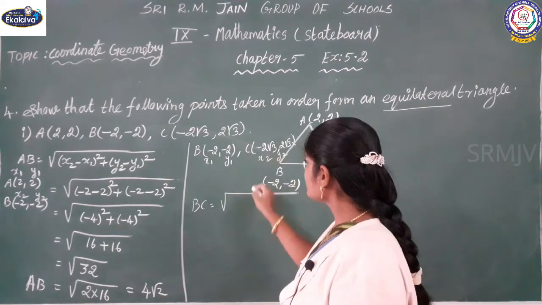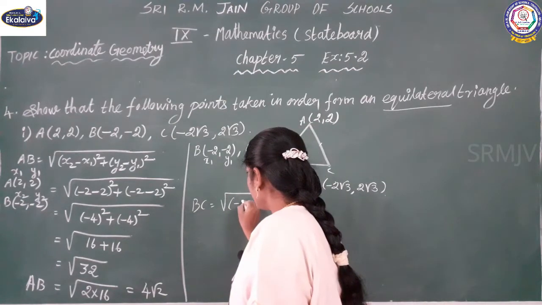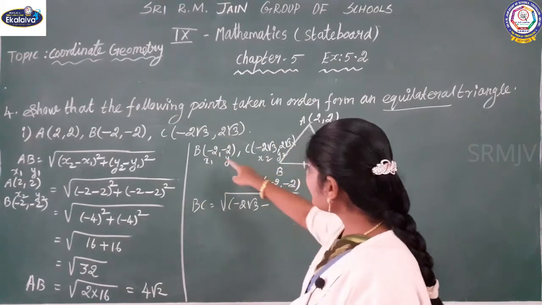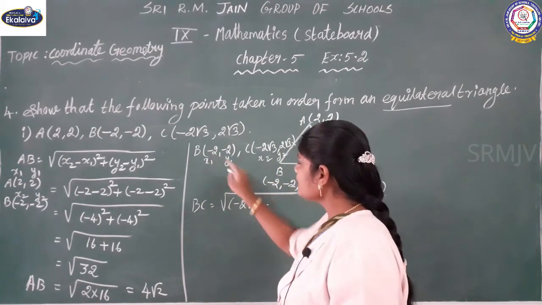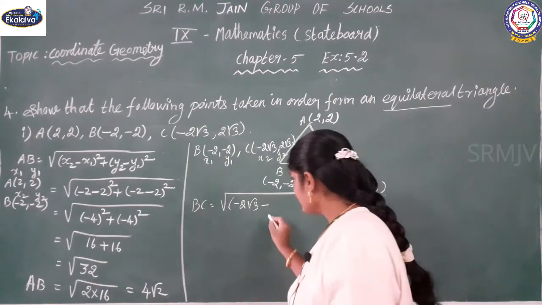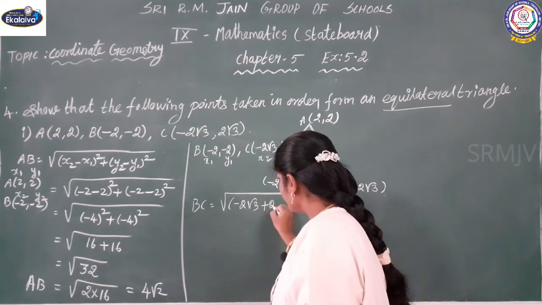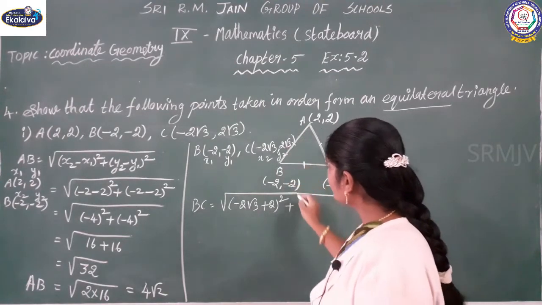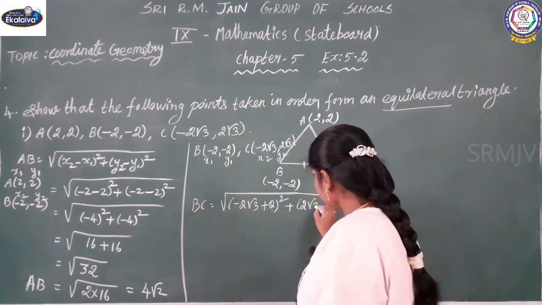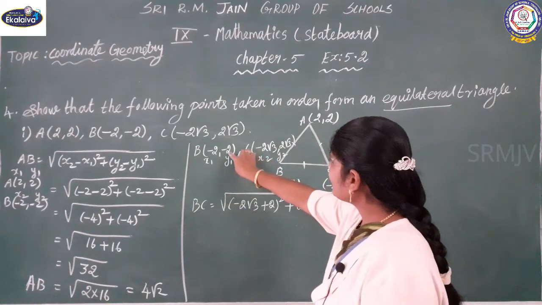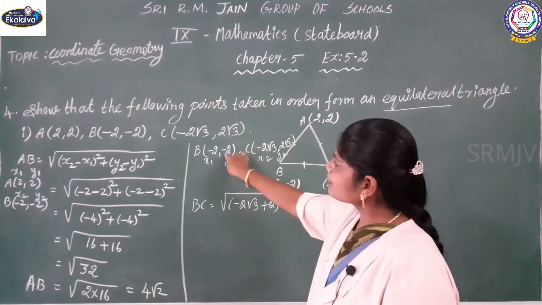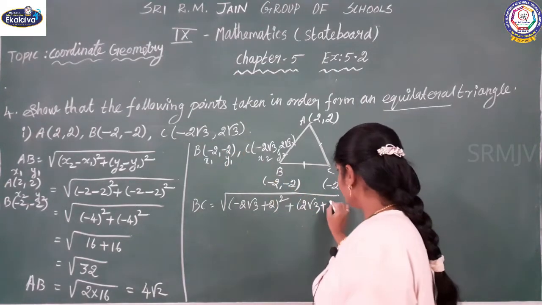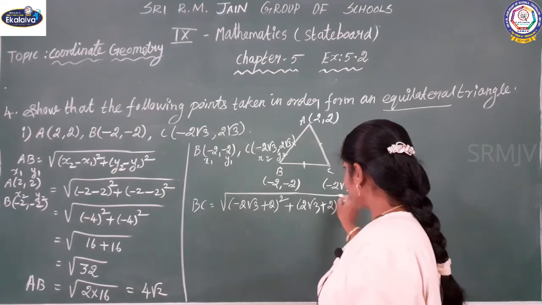Here the x2 value is minus 2 root 3, so minus 2 root 3 minus x1 which is minus 2. Minus into minus, what will you get children? Plus 2. It becomes plus 2, the whole square, plus, and here y2 is 2 root 3, minus y1 which is minus 2, so minus into minus becomes plus, and 2 the whole square.